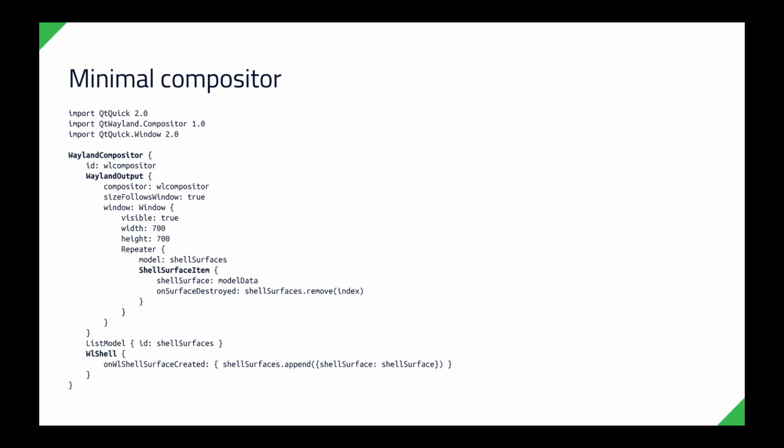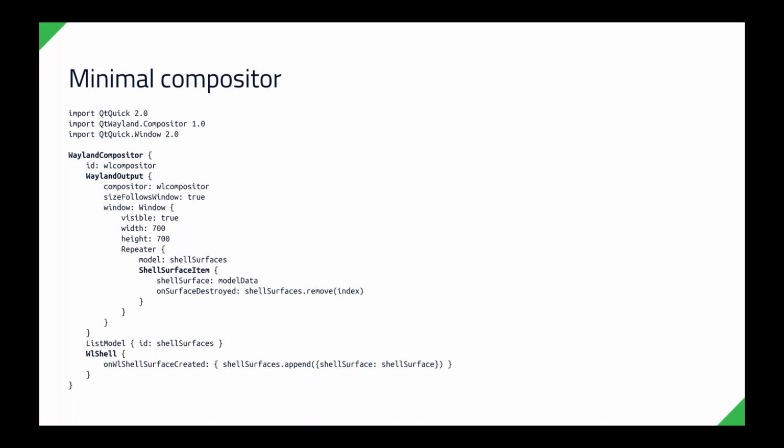So there's really 4 key components in this small application. And that's the WaylandCompositor, the WaylandOutput, the ShellSurfaceItem, and WlShell.